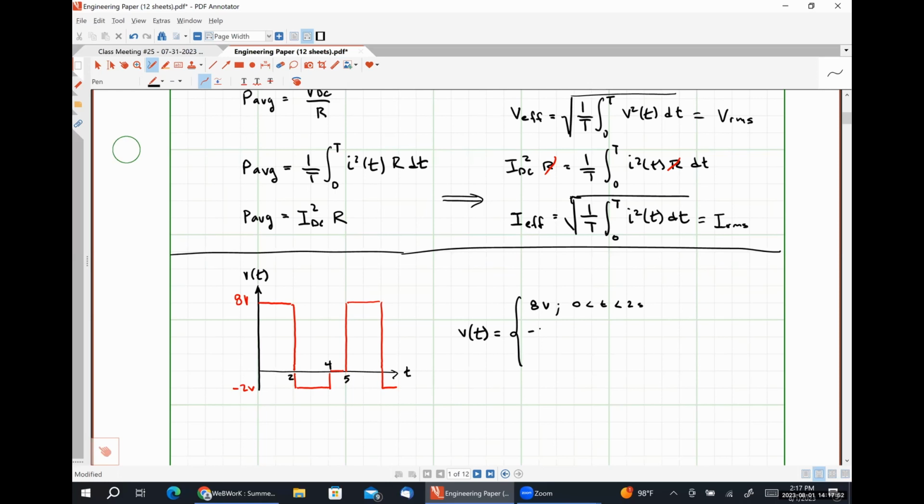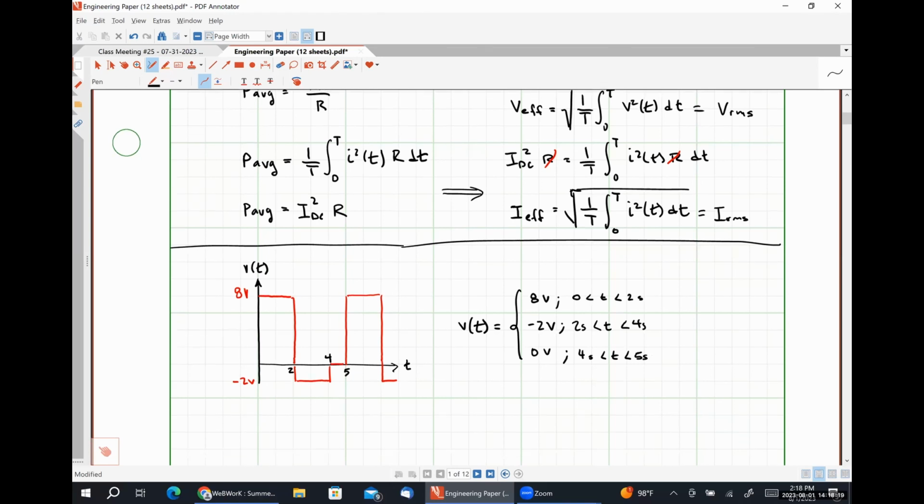It looks like -2 volts from the interval 2 seconds less than t less than 4 seconds. And it looks like 0 volts over the interval 4 seconds less than t less than 5 seconds before it repeats this over and over and over, right? So this is what our voltage waveform looks like over one period.